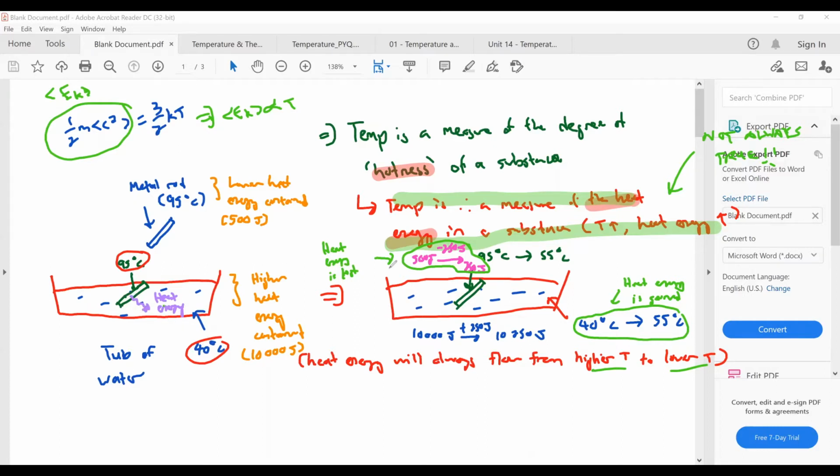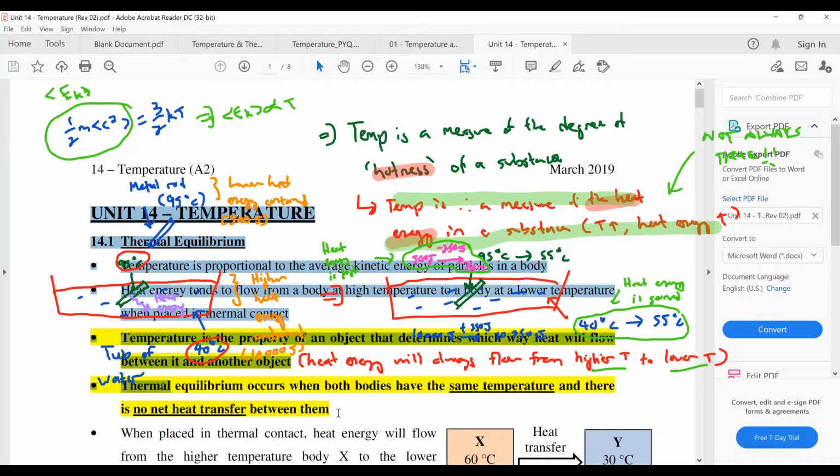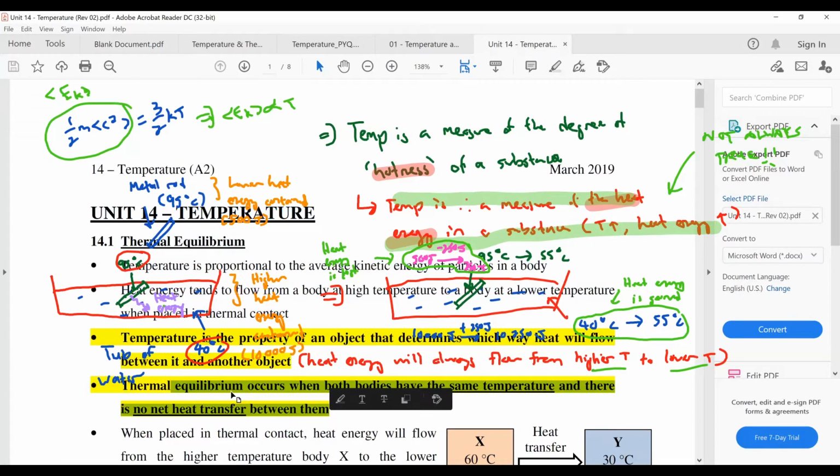lower temperature, okay? But the heat transfer will not continue indefinitely. It will eventually stop. It will eventually reach an equilibrium state, which we call thermal equilibrium, defined in your notes as this. Thermal equilibrium occurs when both bodies have the same temperature and there's no net heat transfer between them.